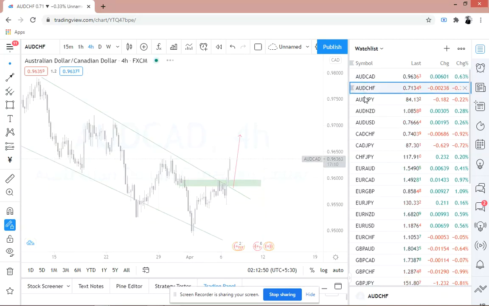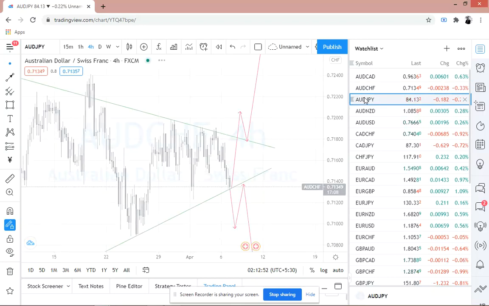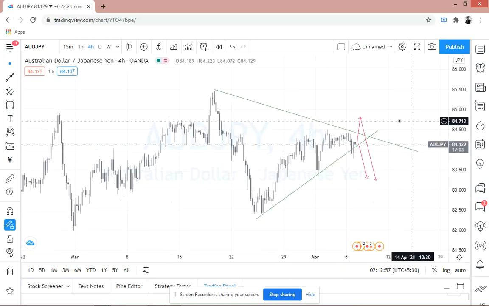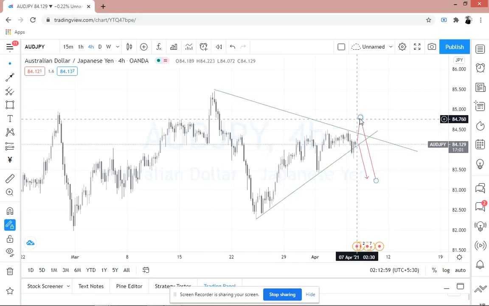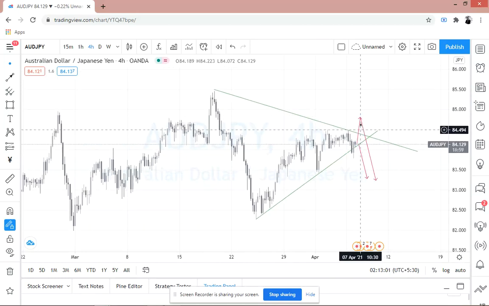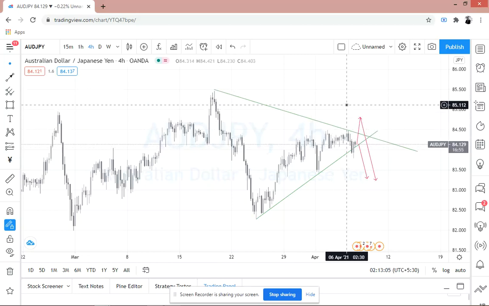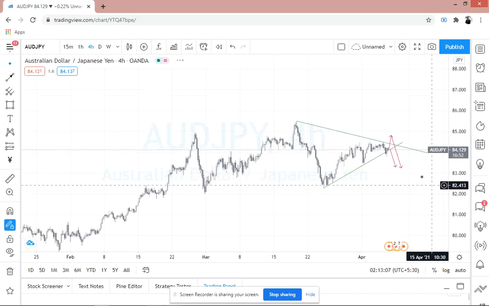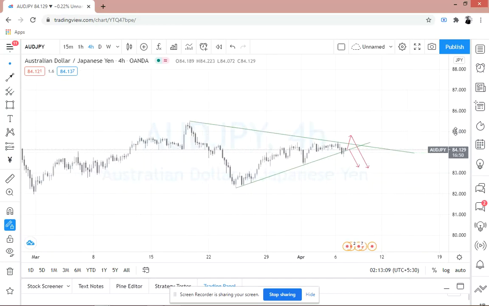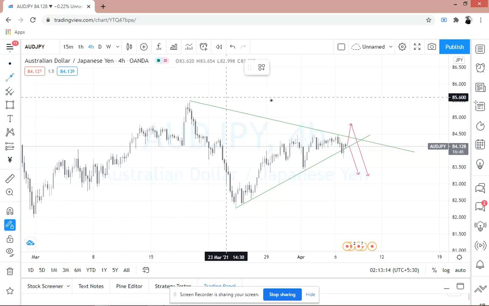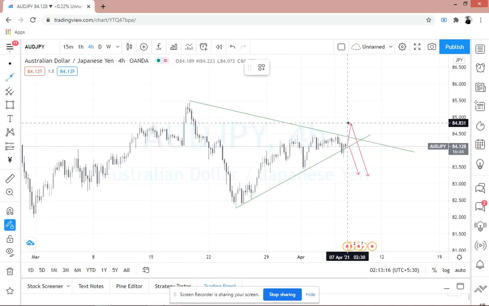Then the JPY. If AUDJPY can give us fake resistance breakouts but the market is still in an uptrend, this is not where you should start selling immediately.